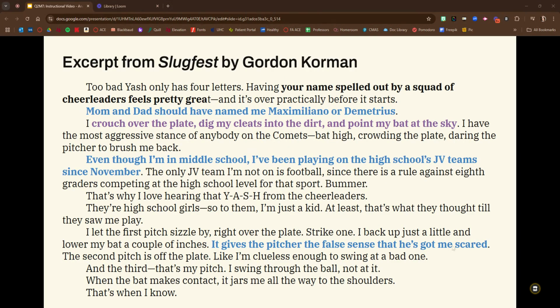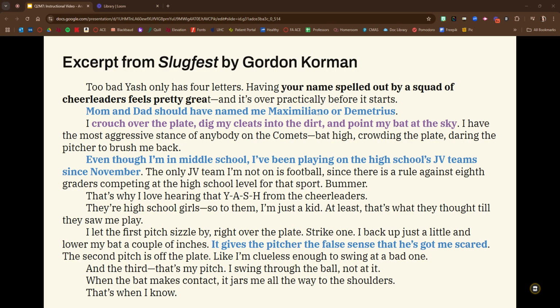When we see him shifting his approach so that the pitcher has this false sense that they're doing well, he's very confident. And he really is proud of the fact that he's an 8th grader playing at a high school level. So overall, when I look at his actions, these parts in purple, I see a very confident, skilled person.